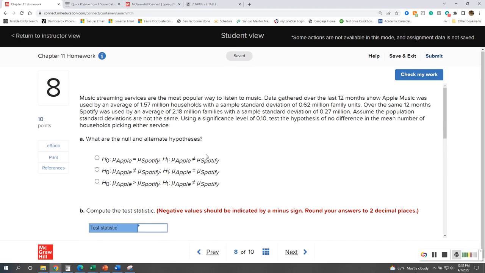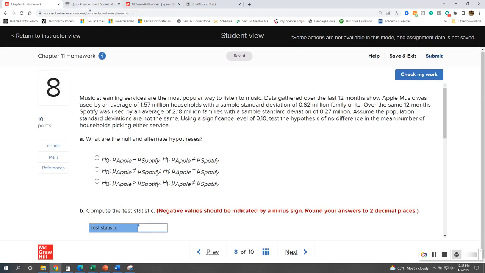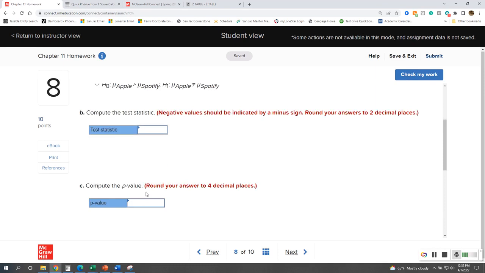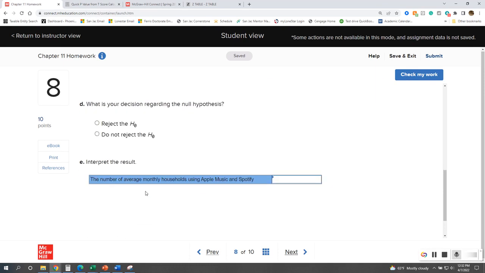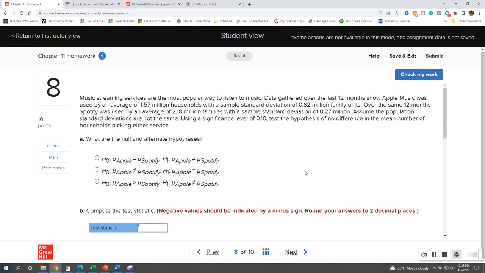So we just did this, except it just does 2 tail instead of 1 tail. So the only difference is making sure that if you're using the quick p-value calculator that I'm showing in the homework, just switch it to 2 tail, and you should be good to go.